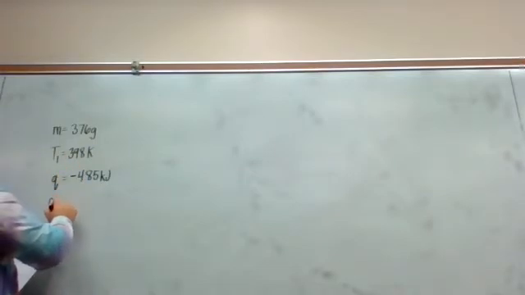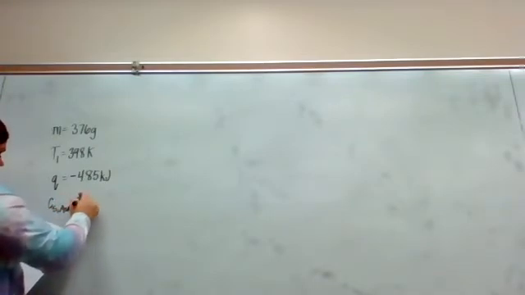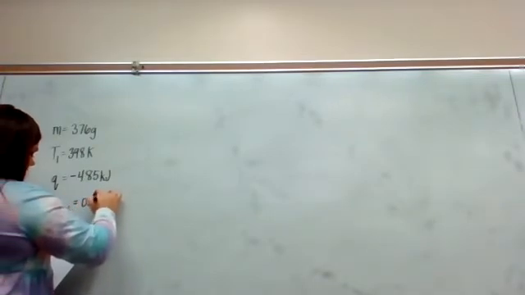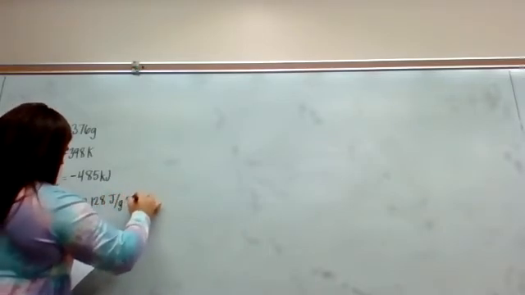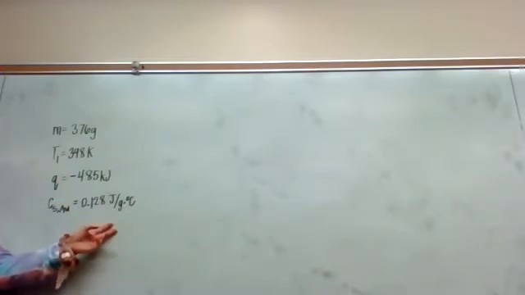And the specific heat of gold is 0.128 joules over gram times degrees Celsius. So units only matter so that they cancel out in your specific heat.